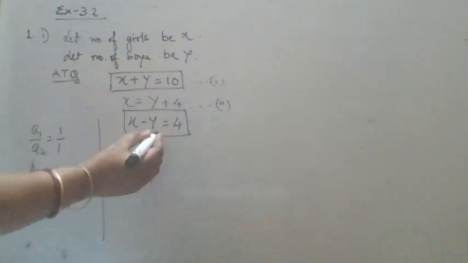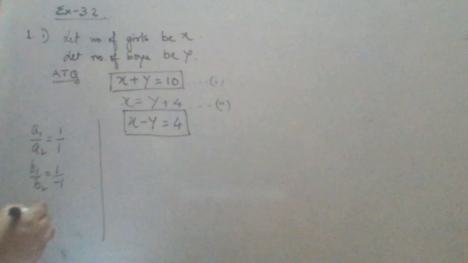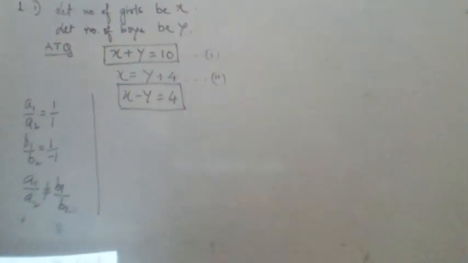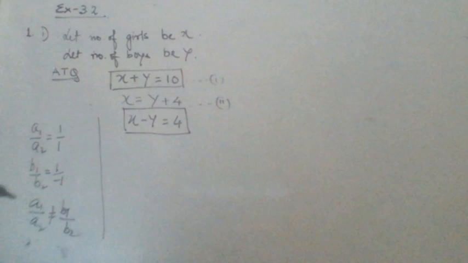Coefficient of y is 1 and coefficient of y is minus 1. So you find that a1 upon a2 is not equal to b1 upon b2. Immediately you come to the conclusion that we are going to have intersecting lines.